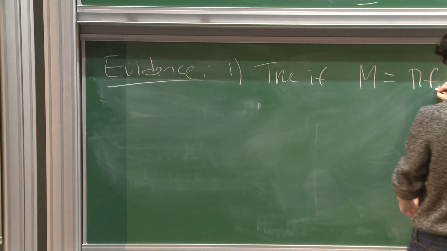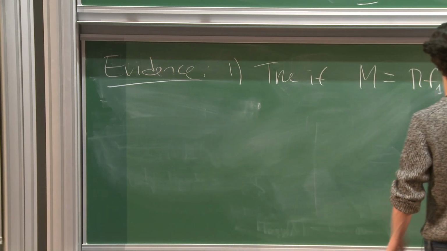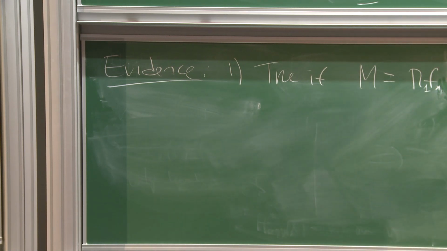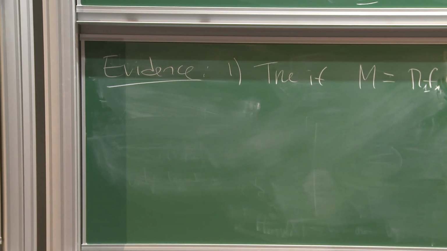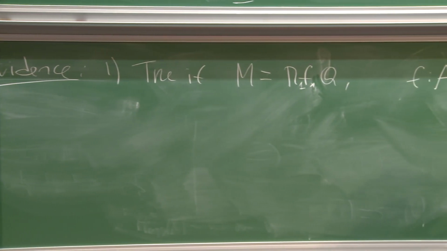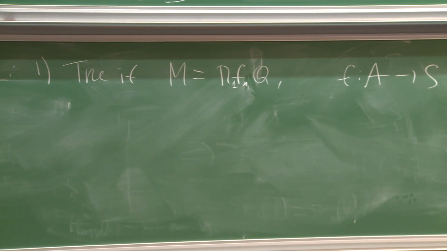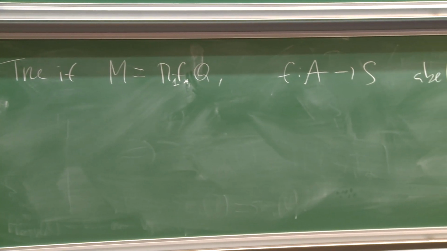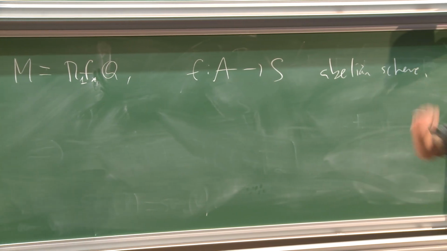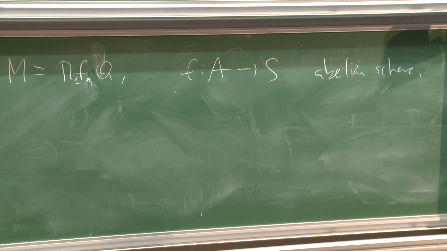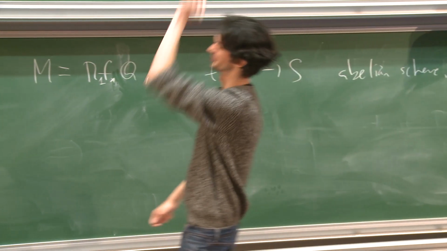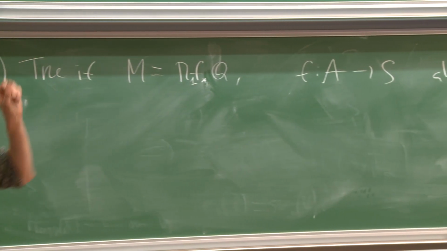One way to get a motive of rank 1 is to take one of these R^1 f_* Q for f from A to S an abelian scheme. So for the motives attached to abelian schemes, this is a theorem that I showed. Yes, the dual, H lower 1. H upper 1 is weight 1, H lower 1 is weight minus 1. That statement's true for weight minus 1, but not true for weight 1.